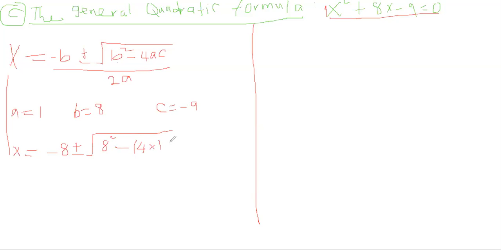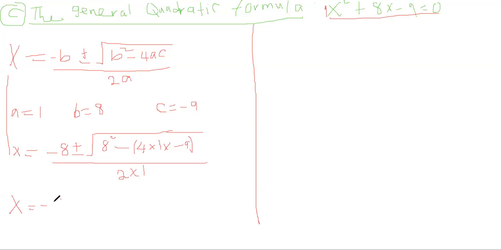It is 1. What is c? c is minus 9. All over 2 times 1. A is 1. So we're still following the same procedure.